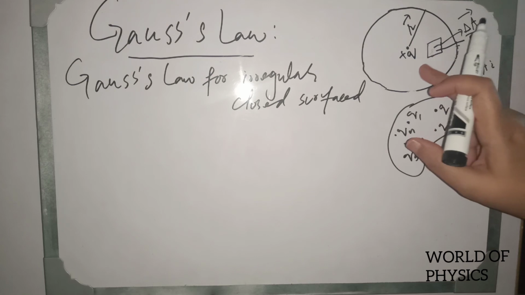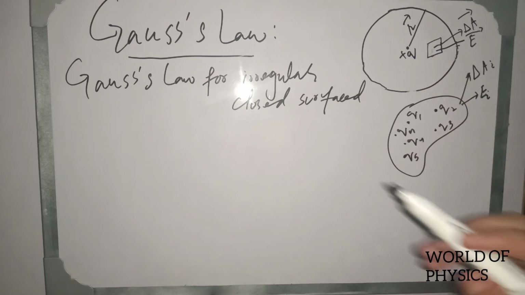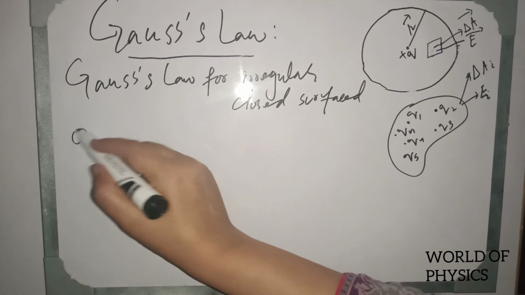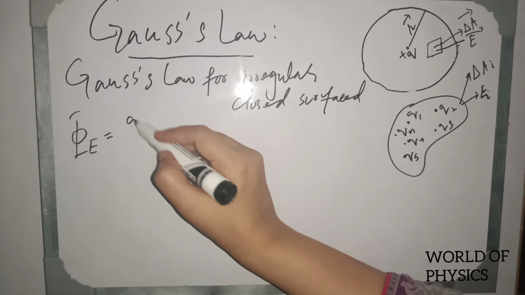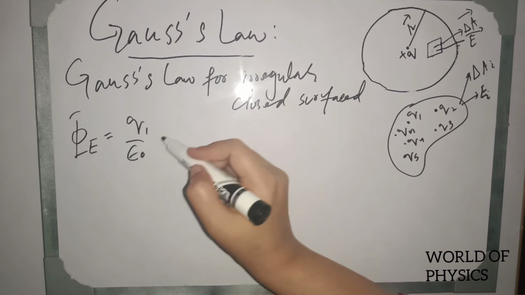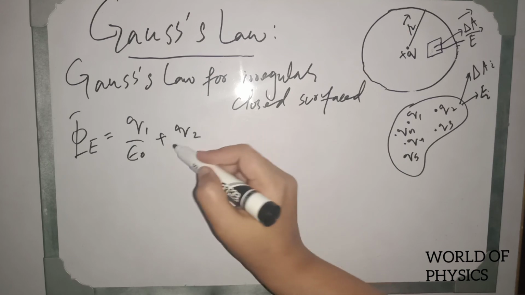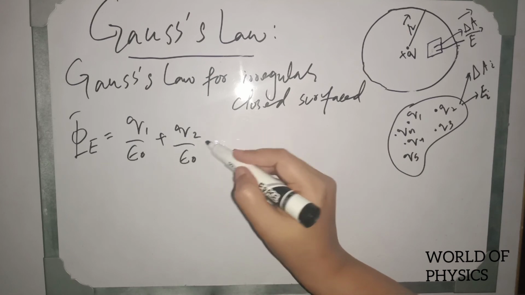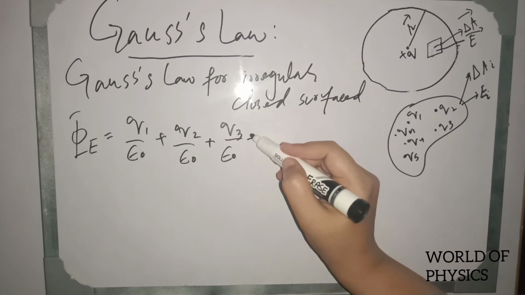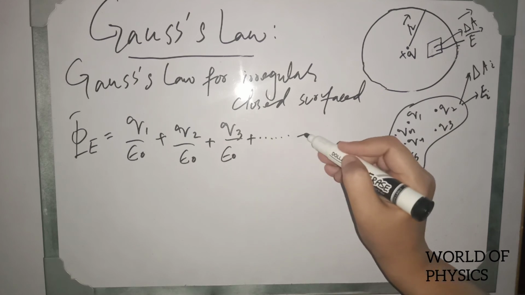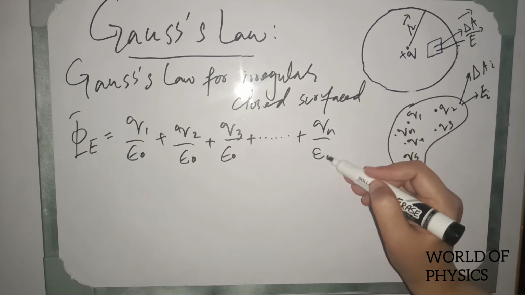Now we have to derive Gauss's law for this irregular closed surface, and you will see that the result will be the same as for the regular closed surface. For this surface, the total electric flux is phi equal to Q1 over epsilon naught, this is for Q1 charge, plus Q2 over epsilon naught, for the second charge, plus Q3 over epsilon naught, for the third charge, plus dot dot dot, the last one being Qn over epsilon naught.